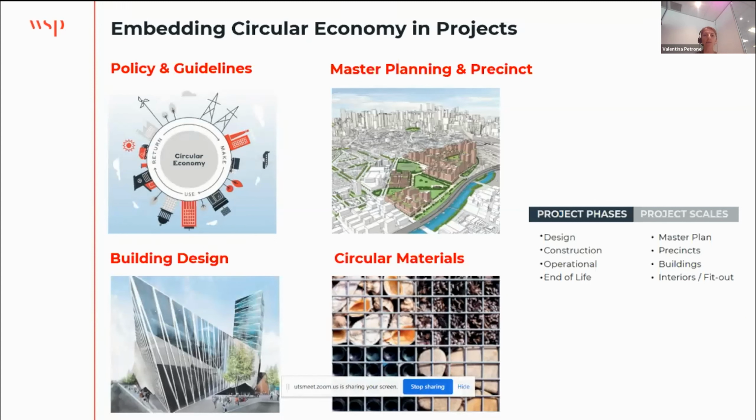And then we can dive into building design and material selection. So those different stages and project scales are all very much intertwined, and we need to consider them holistically to achieve the best outcomes.